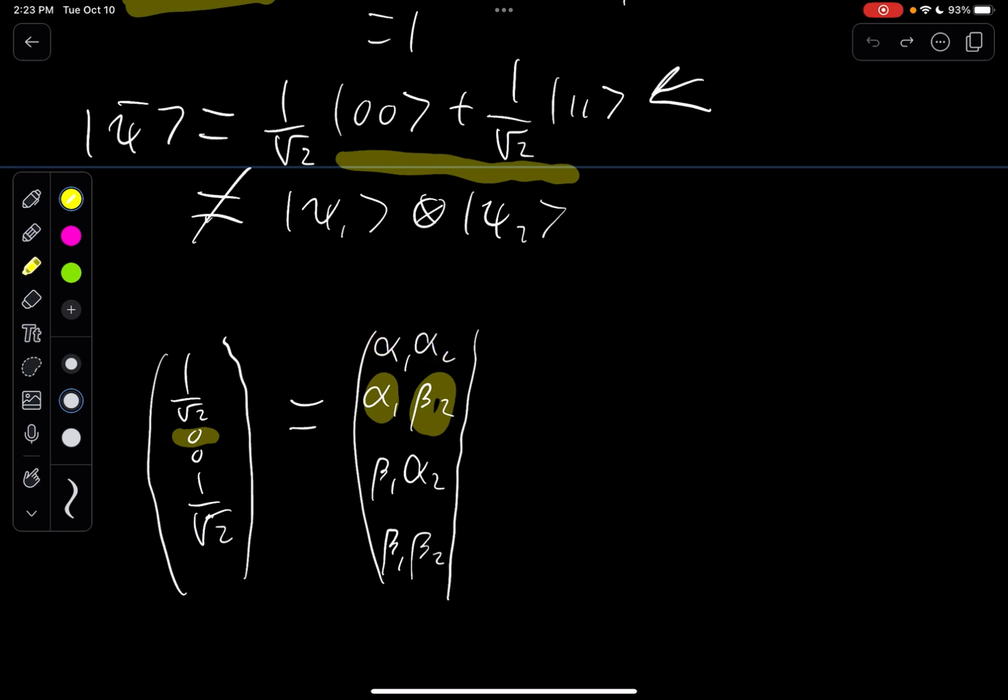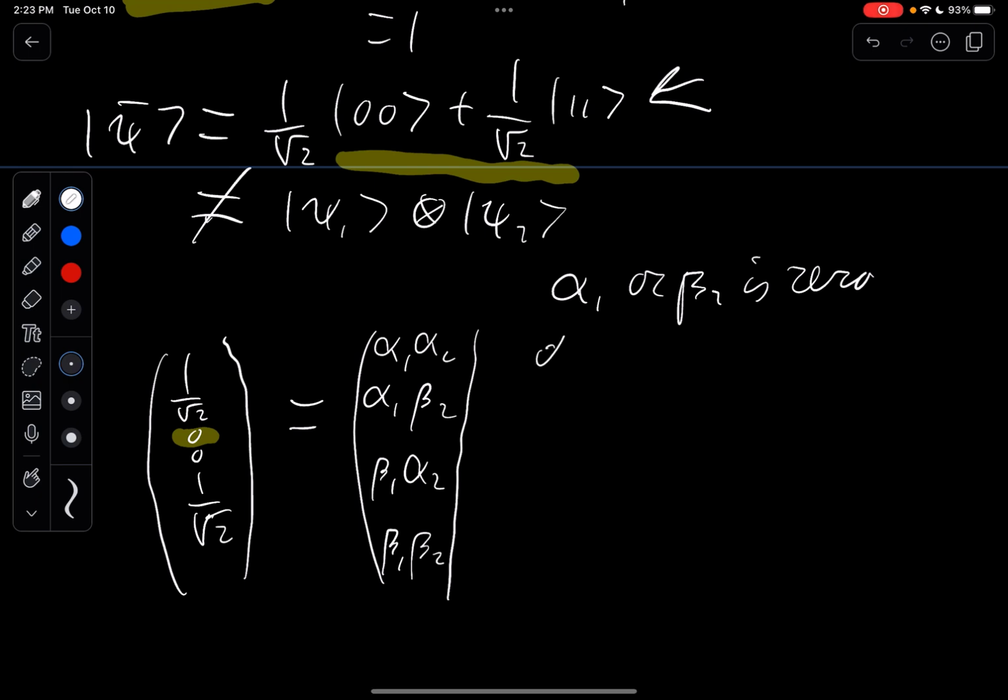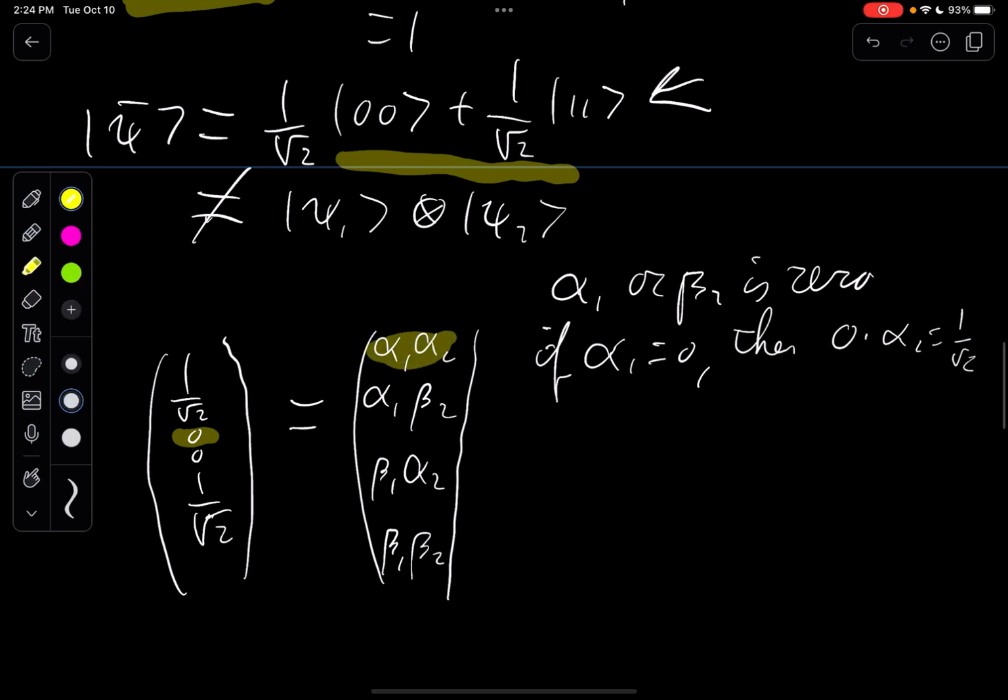Okay, so let's write that down. We have that alpha 1 or beta 2 is 0. We saw that if alpha 1 is 0, then we need to have that 0 times alpha 2 is 1 over square root 2. That's basically what it says here. These two guys should be equal to each other.